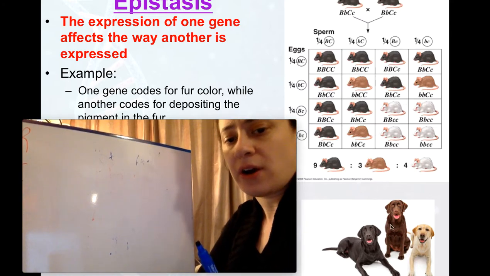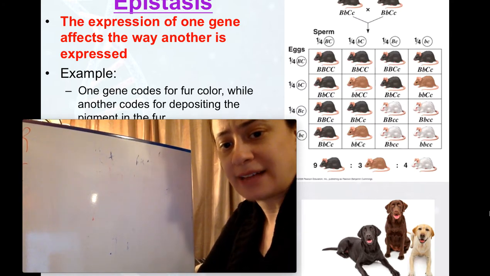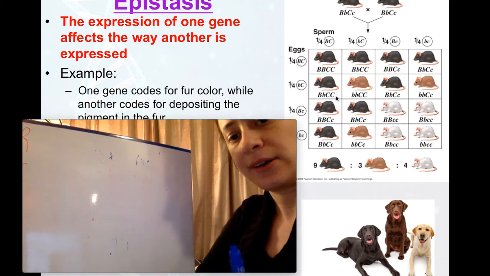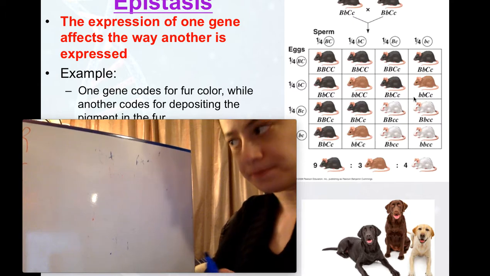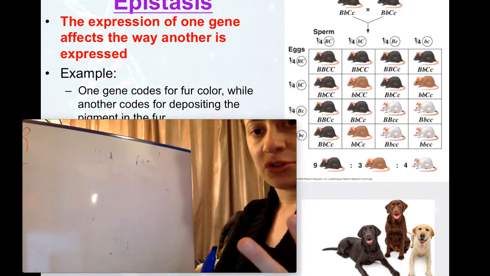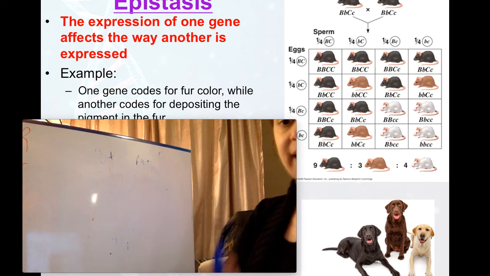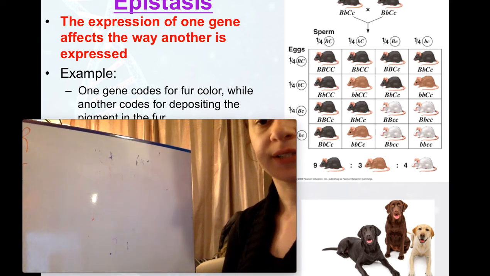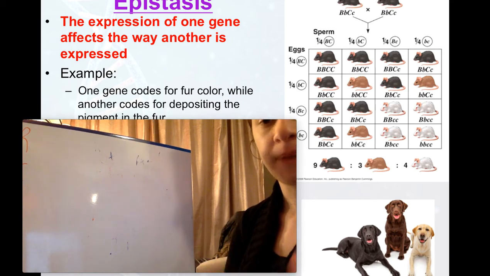So here are chocolate labs, black labs, and yellow labs, and they also follow the same epistatic pattern of inheritance. Again, two genes: one that determines what the color is, and a second gene that affects the pigment production of that first one.